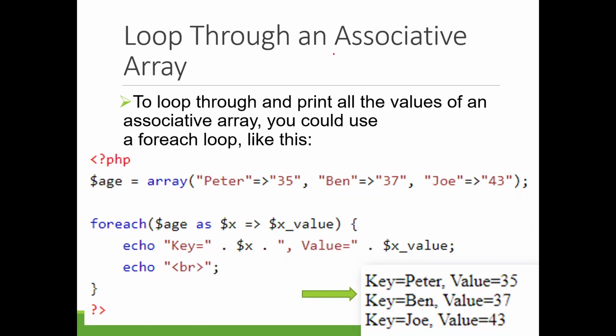Now, to loop through an associative array, this is new, so please concentrate a little bit more. To loop through an associative array, we normally use a special looping function, which we might be meeting for the first time, which is called foreach.